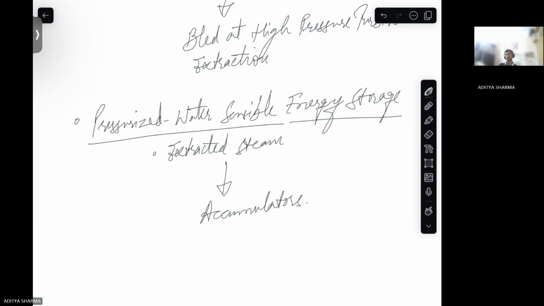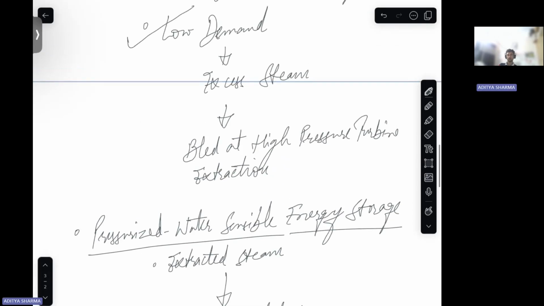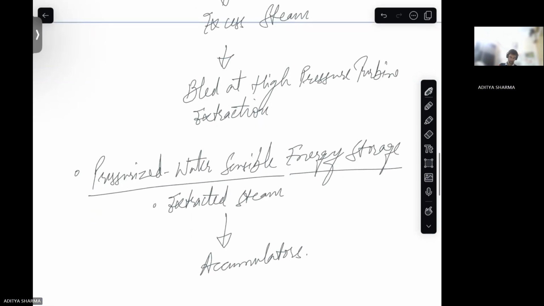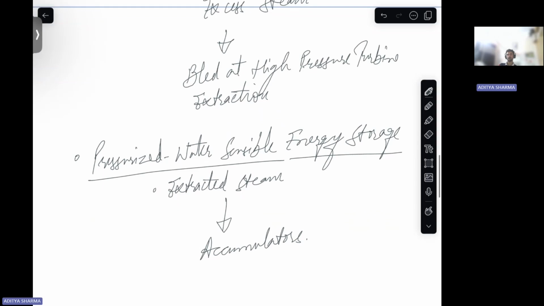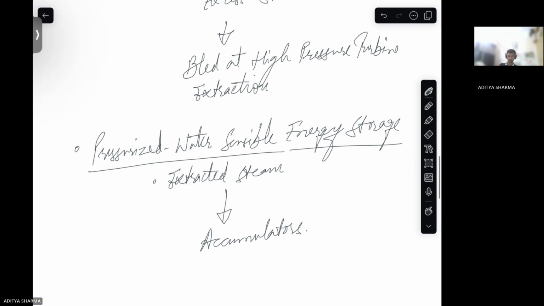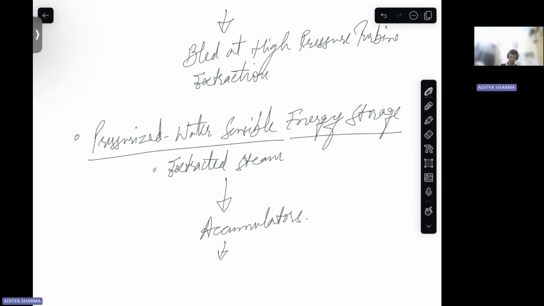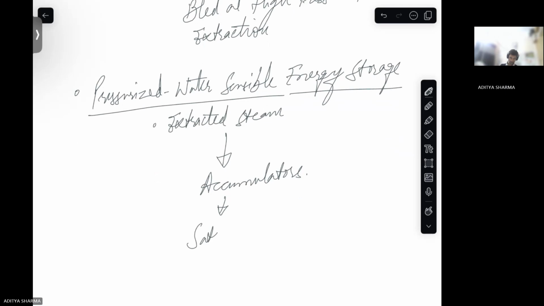When the demand was low, the excess steam you bled from your high pressure turbine goes to your accumulators, where it is condensed, and what it becomes is saturated pressurized water.